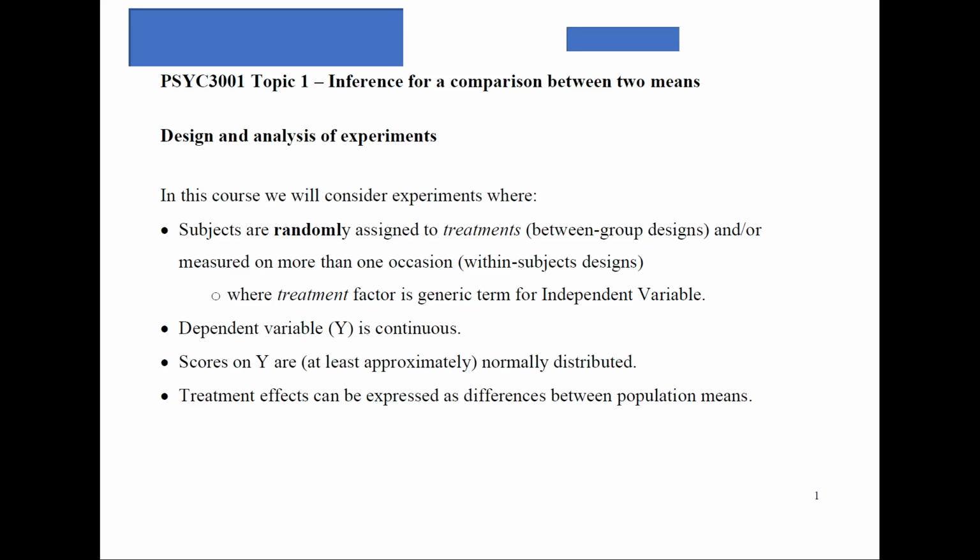Because the whole point of psychology is we want to come up with specific treatments in order to help people. People might be depressed, they might be anxious, and as psychological researchers, we want to make those people less depressed and less anxious. That's the whole purpose behind research methods.